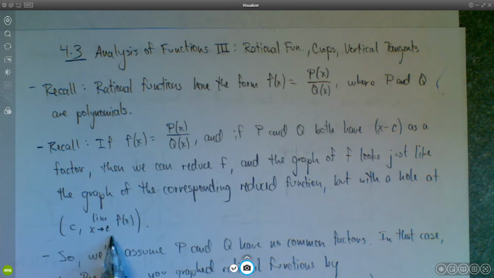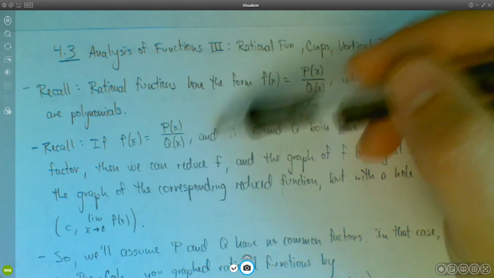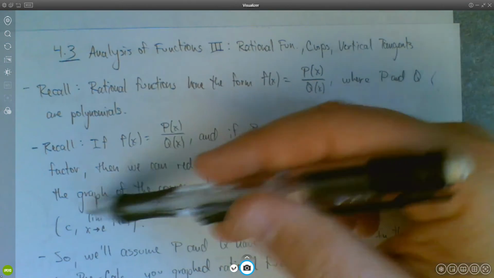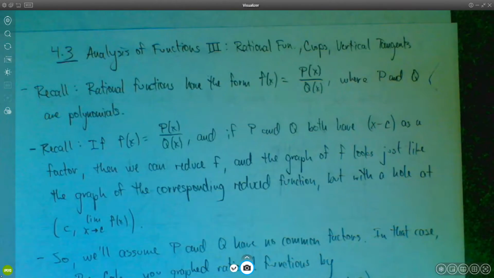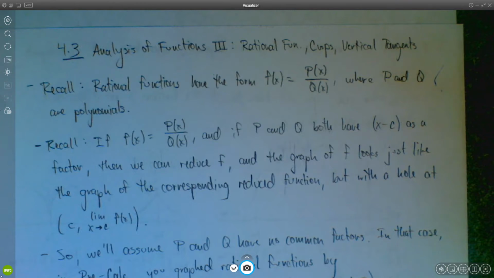Basically, you get this y value by canceling off the common factor and then plugging in c to the reduced function, but you just have a hole at that point. On Desmos, it would look exactly identical because Desmos has a hard time graphing holes. So in Desmos, the original function and the reduced function are going to look exactly identical, but we know that actually you have a hole at x equals c.